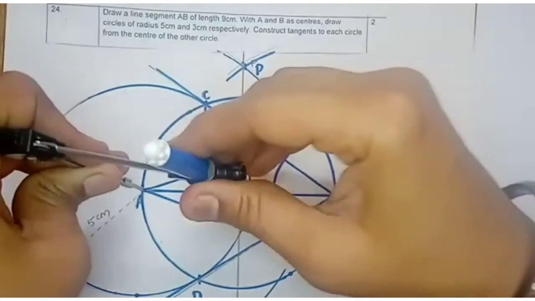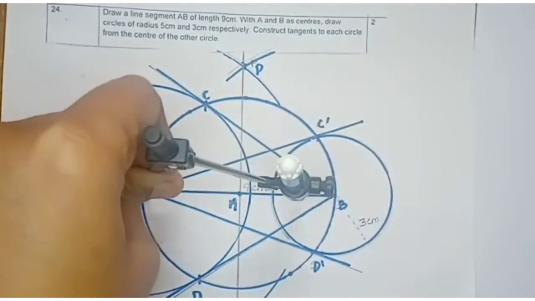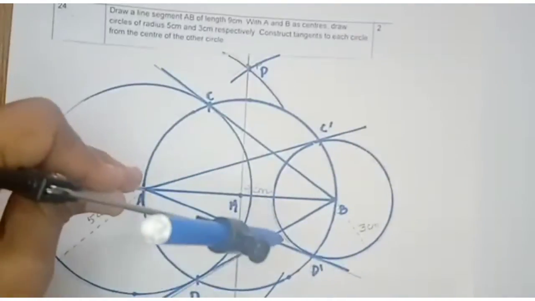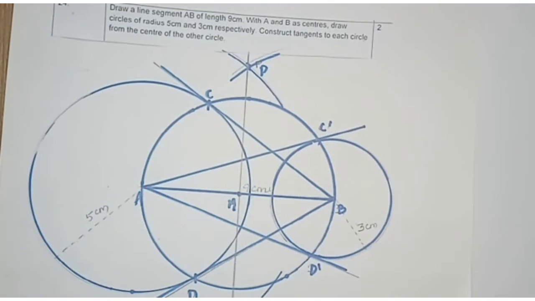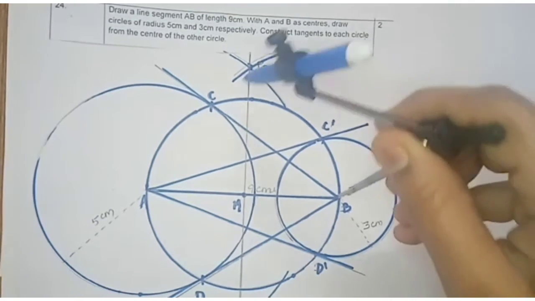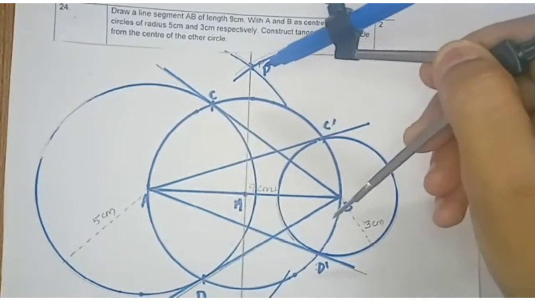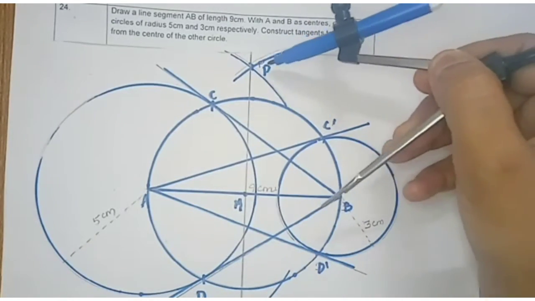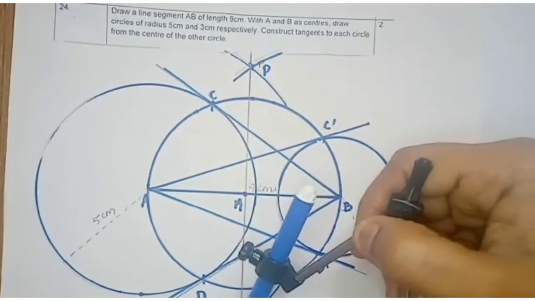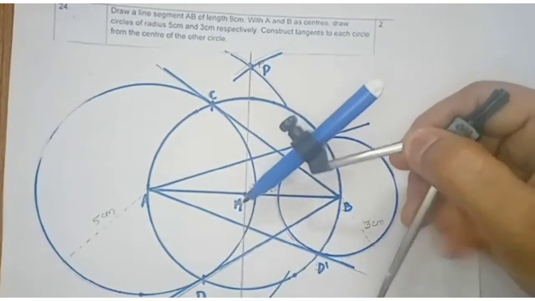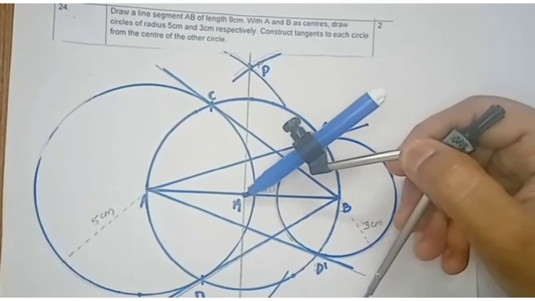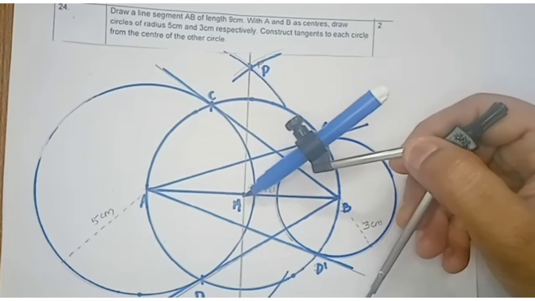Measure more than half of the length, and then you draw an arc on the top and bottom of AB, and then from B you draw an arc. This arc will intersect at one point P, and here Q. You join PQ, and this PQ meets AB at one point, that is the midpoint.